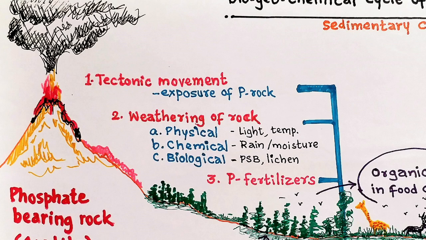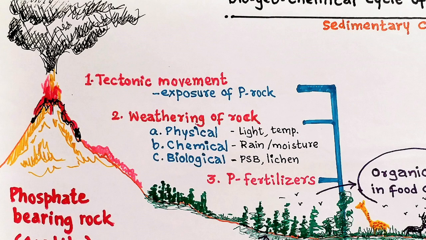Once the rock is exposed, the process of weathering starts. The effect of light and temperature on the phosphate rock is an example of physical weathering. In the presence of rainwater and moisture, these rocks interact with the atmosphere, resulting in chemical weathering.